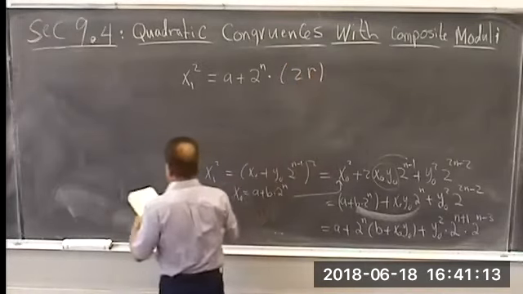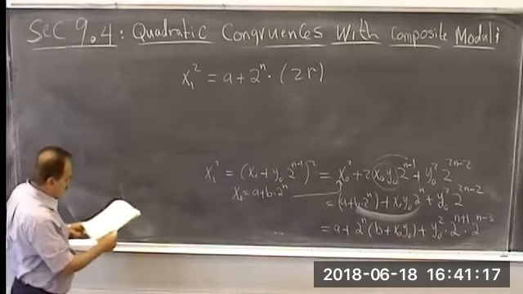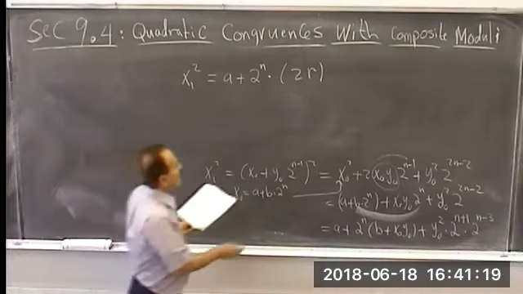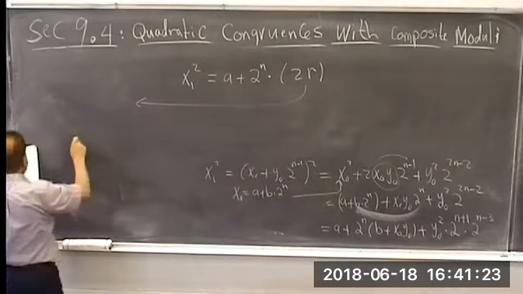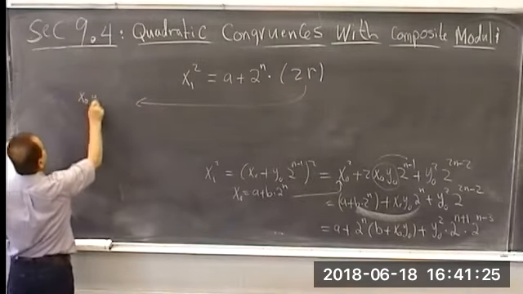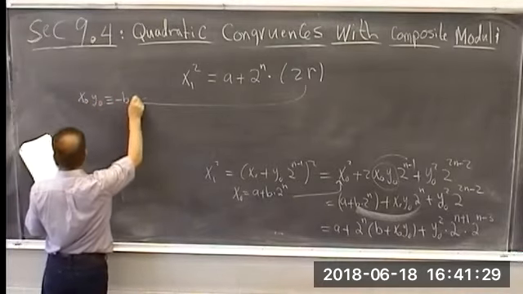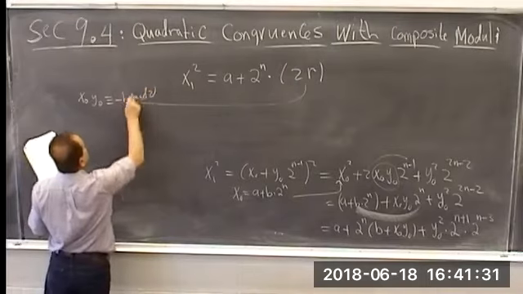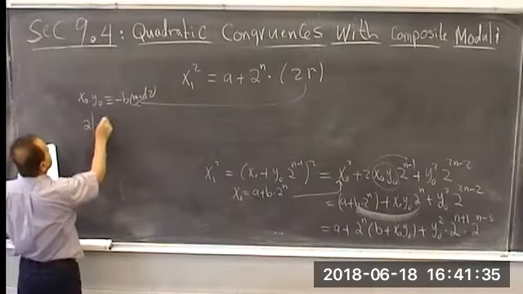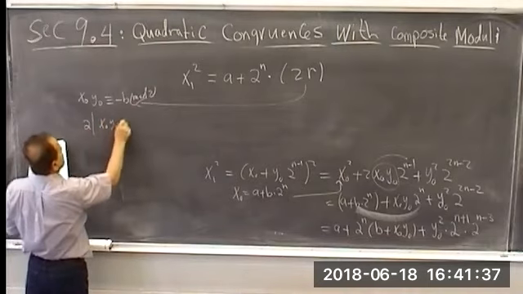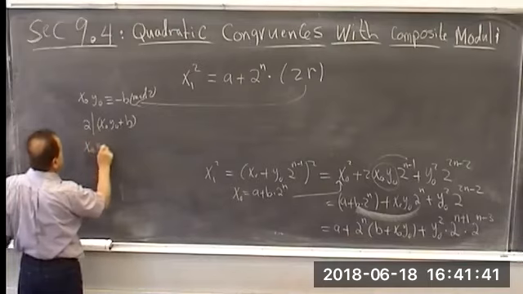Remember, this comes from the fact that for x sub 0, y sub 0 we have a solution mod 2. So this holds, which means that we could write 2 divides x sub 0, y sub 0 plus b, and this gives me that.